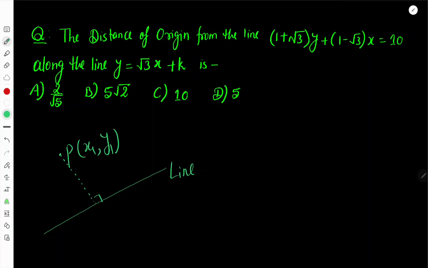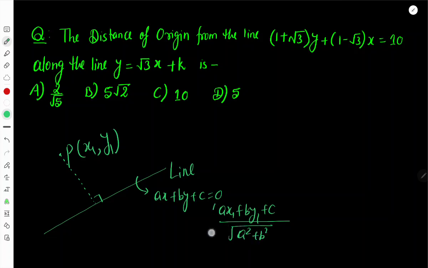Let's say the line is given as ax plus by plus c equals 0, then the perpendicular distance is equal to ax1 plus by1 plus c upon under root a square plus b square. This is the distance from the point to the line. Distance generally means perpendicular distance.